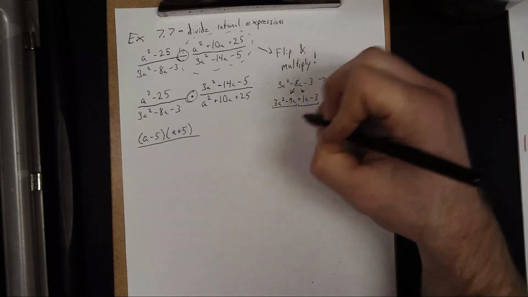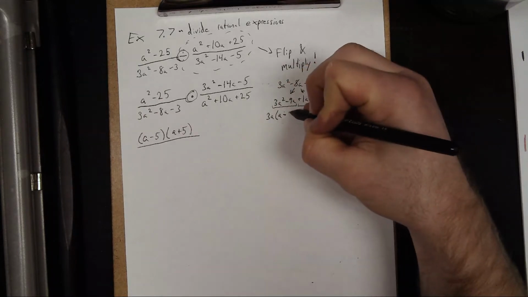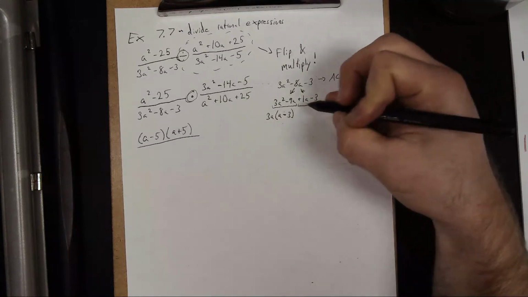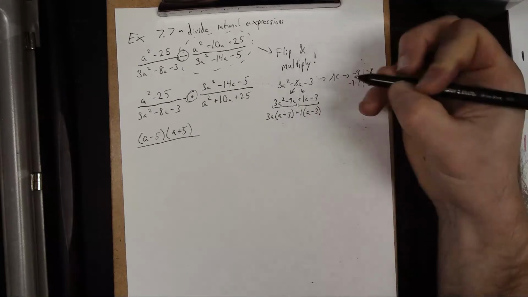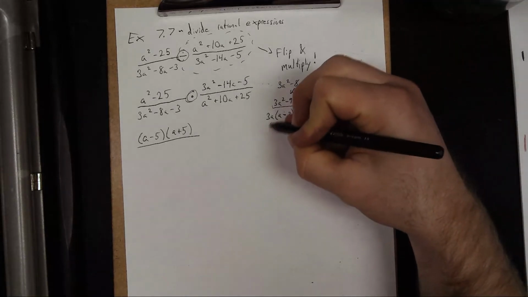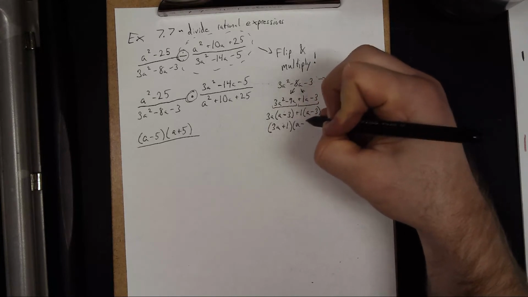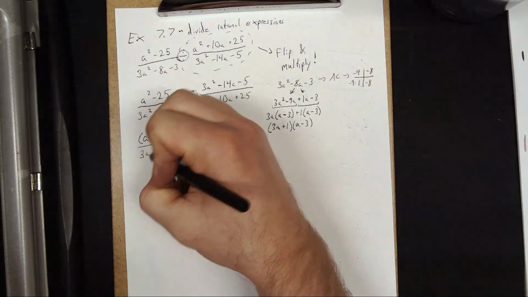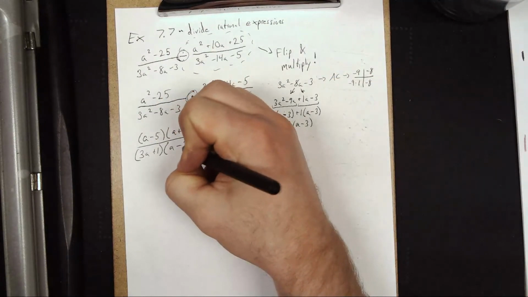We can factor out a 3a, so we get 3a times a minus 3. And then we can factor a 1 out of these. It's the only thing they have in common. And our factors are 3a plus 1 and a minus 3. So now we're going to plug that back in over here. 3a plus 1 and a minus 3.